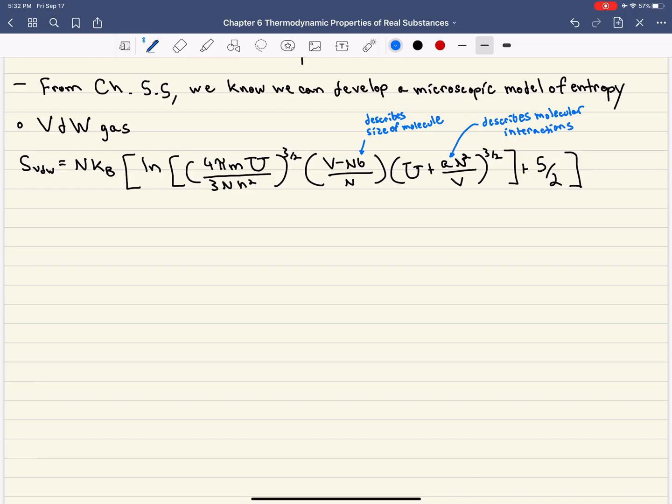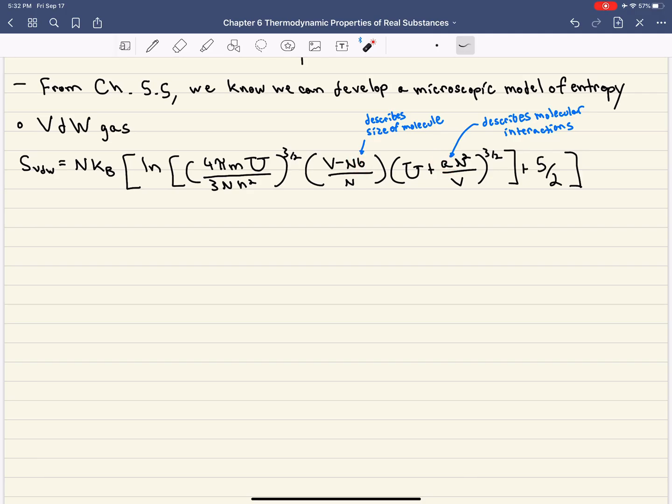From this entropy model, if we wanted to gain some insight into how big the gas molecule is, or how these gas molecules are interacting with one another, we would want to be able to measure what B and A are.